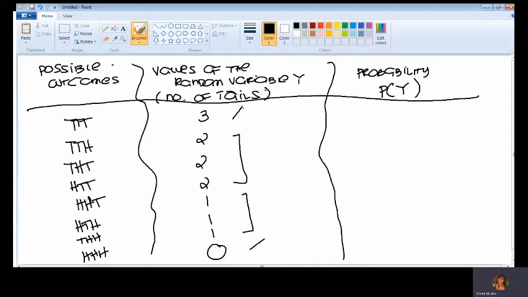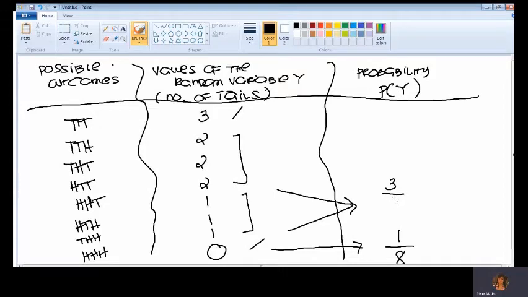So step number 3, we're going to assign probability values, probability of random variable y, to each value of the random variable. There are 8 possible outcomes, and no tail occurs once. So the probability that we shall assign to the random variable 0 is 1 over 8. There are 8 possible outcomes and one tail occurs 3 times.